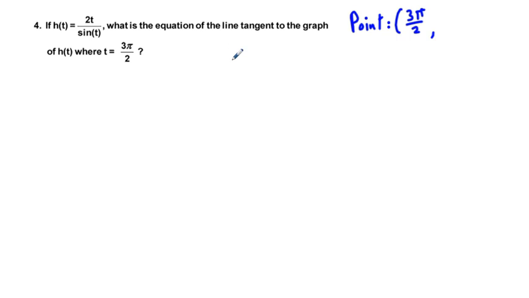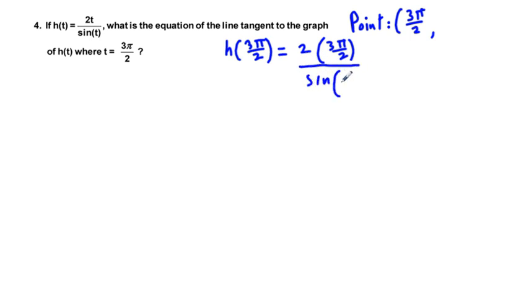We'll say h of 3 pi over 2 is equal to 2 times 3 pi over 2, replacing t here in the numerator, over sine 3 pi over 2.